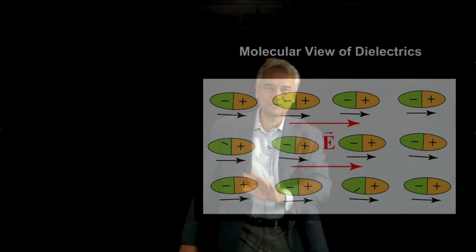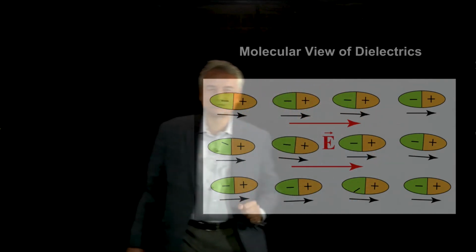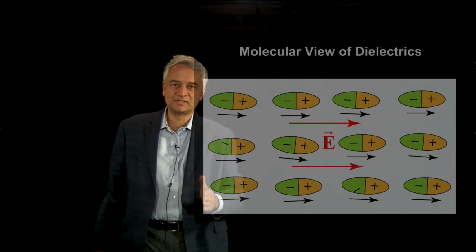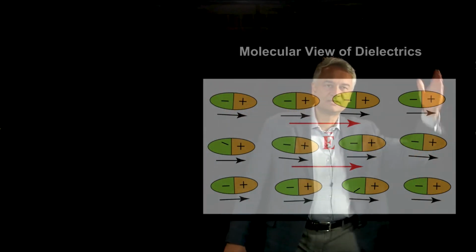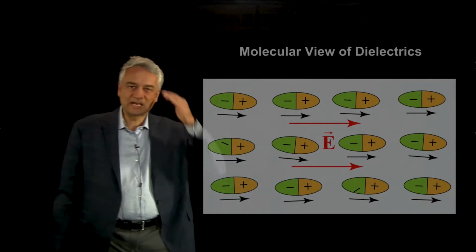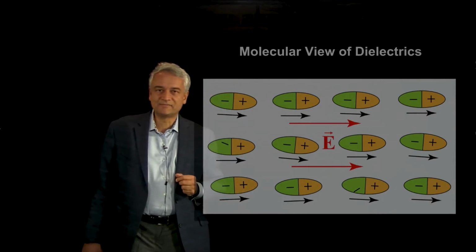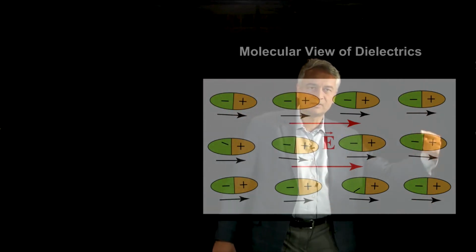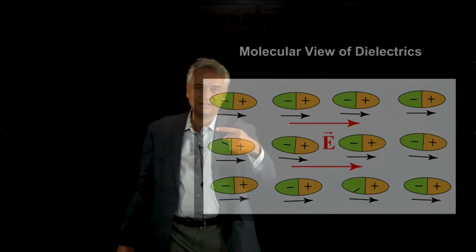So all the charge in the interior of the dielectric neutralizes. But then I've got a sheet of negative charge on the left and a sheet of positive charge on the right. So now let's think about what the electric field is that I get from a sheet of negative charge here and a sheet of positive charge there. And look at that. It's an electric field pointing this way.